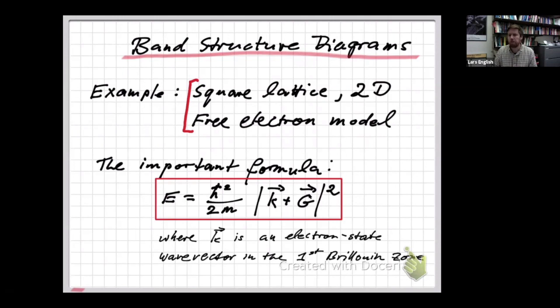We can say that this k indexes the energy state for the electron. The wave vector k also has to remain within the first Brillouin zone, since we're in the reduced zone scheme. And as we said before, G is just any one of the allowed reciprocal lattice vectors.